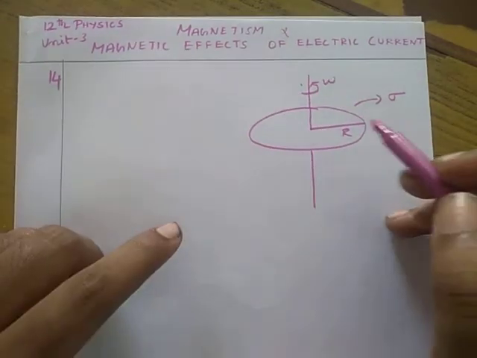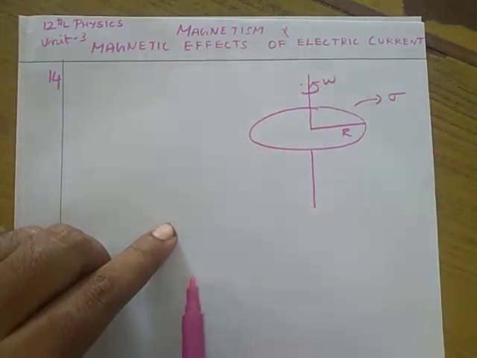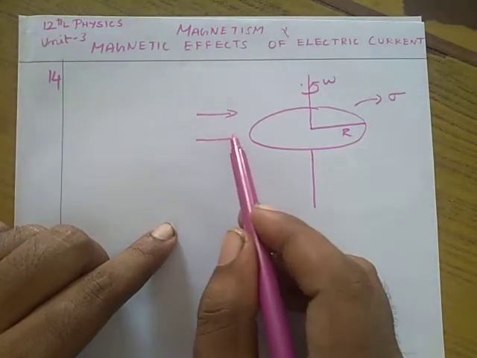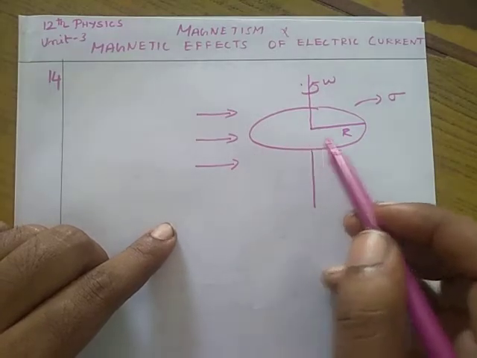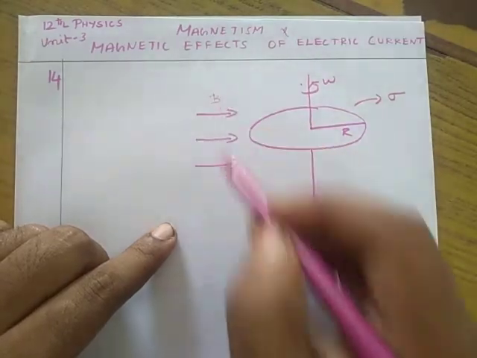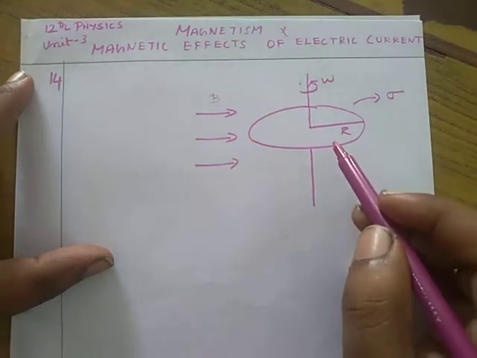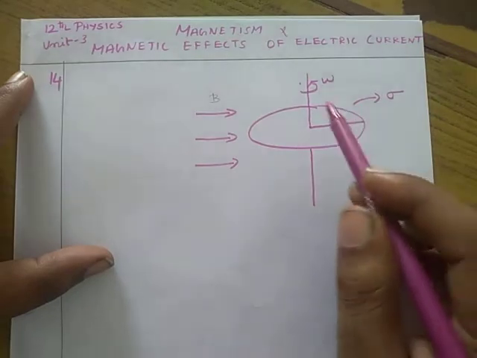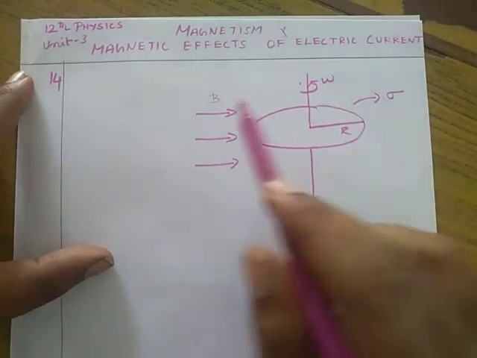In this situation it produces some current. Then it is placed in a uniform magnetic field that is perpendicular to the area vector of this dielectric disc. This is B. Here the question is, what is the torque experienced by the disc rotating about an axis with angular velocity omega in a magnetic field B.